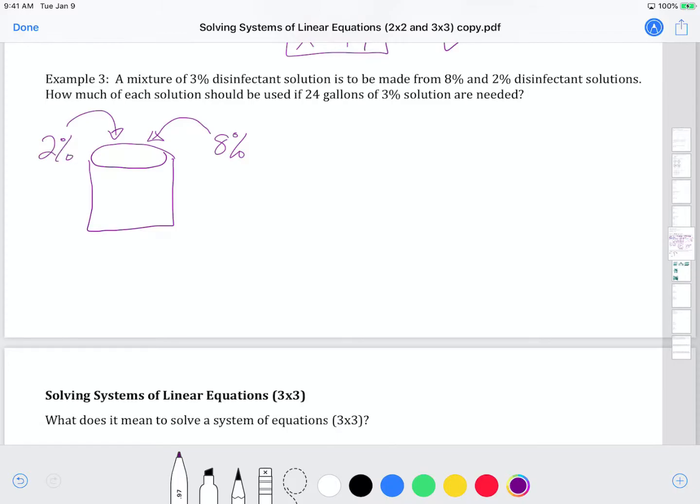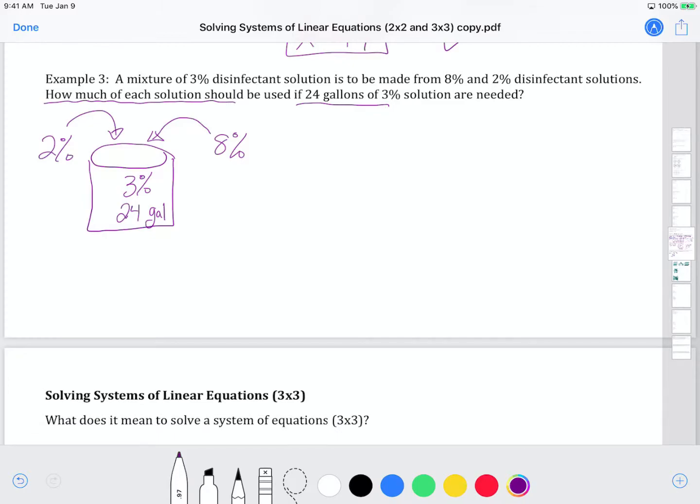And when I add them together, I want to end up with a 3% solution. It also tells us that I want to end up with 24 gallons. It's asking us how much of each solution.